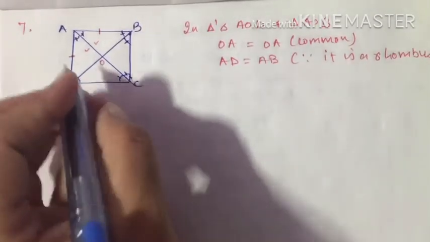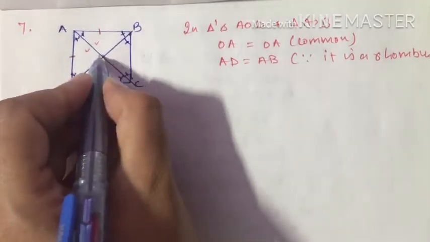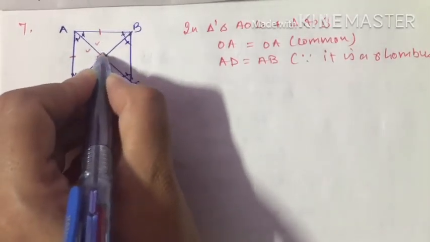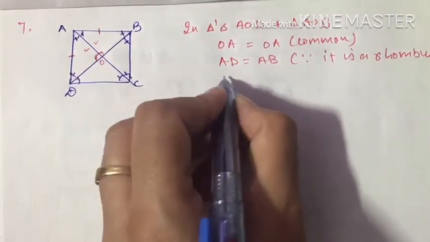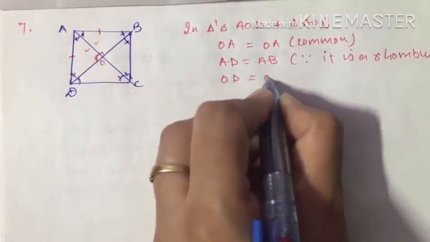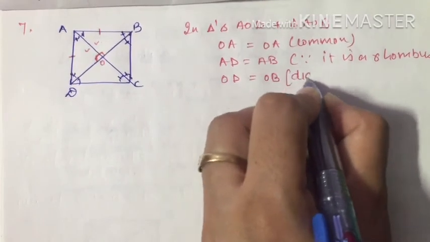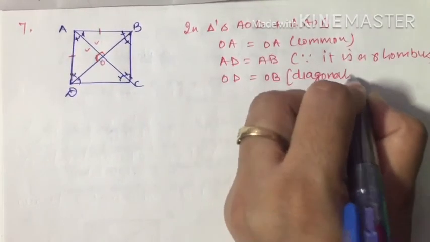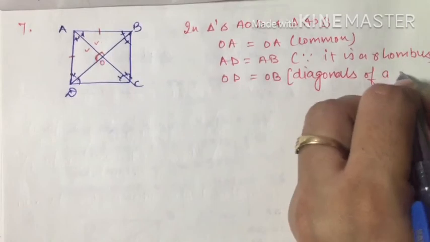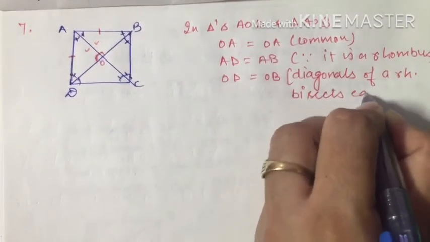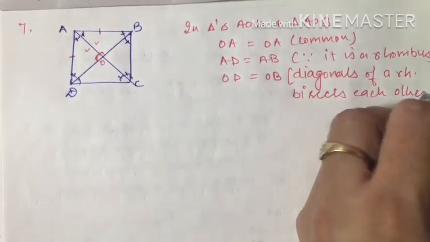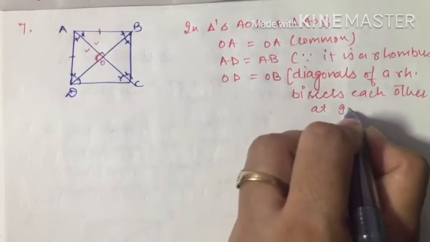Okay. And the third one, student, we know that diagonals of a rhombus bisect each other at 90 degrees. You may take this one. You may take OD is equal to OB. Diagonals of a rhombus bisect each other at 90 degrees.